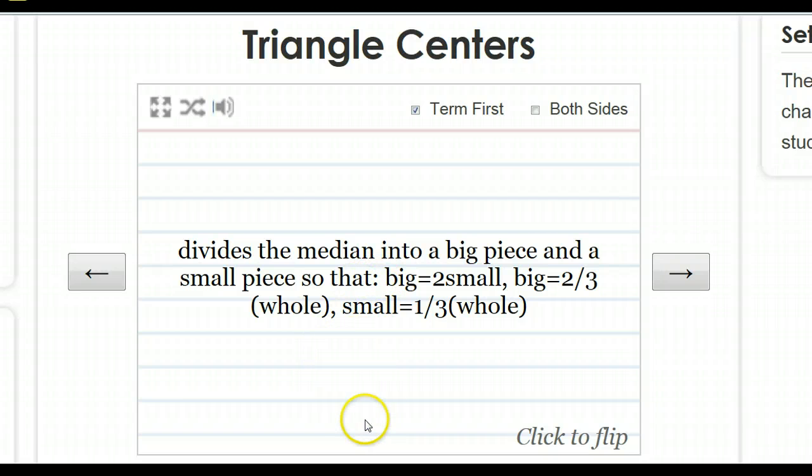And when I say it, I'm talking about the median. The median gets divided into a big piece and a small piece. And the big piece is double the small piece, and the big piece is 2/3 of the whole thing, and the small piece is 1/3 of the whole thing. This is a special property of the centroid. The centroid is also the center of gravity, so you should know that too.